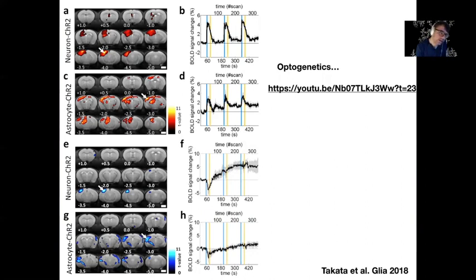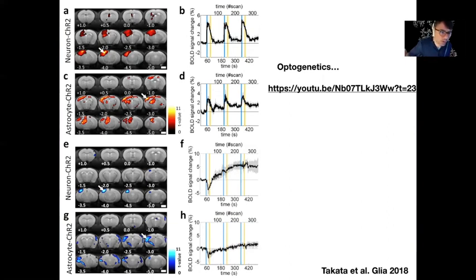And what you can see is, if you stimulate a neuron in B, you are going to have an increase of the fMRI signal right away until you stop stimulating, which is the yellow vertical line, and then the functional MRI signal decreases.